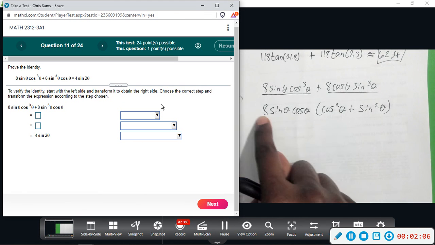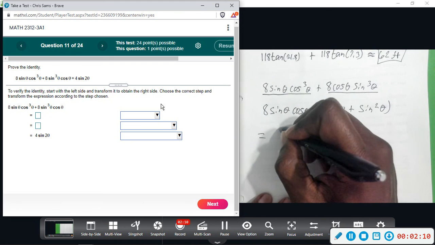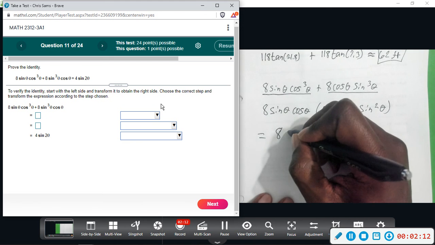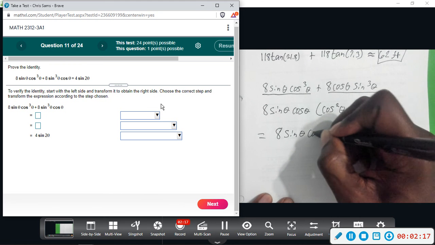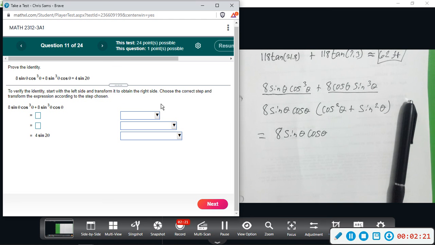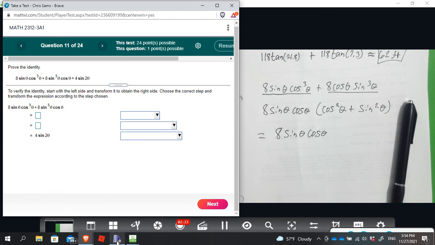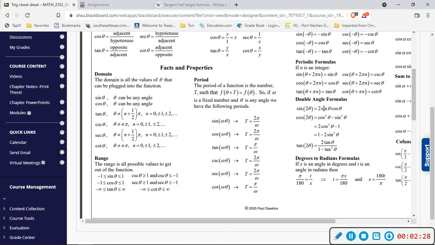So anything times 1 is itself. So this is just going to leave us with 8 sine theta cosine theta. Alright, and then from here, that looks like that double angle identity, 2 sine cosine. What you could do is just factor out a 4 if you wanted to.